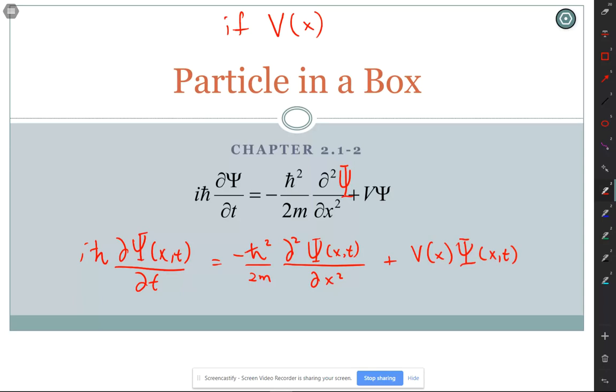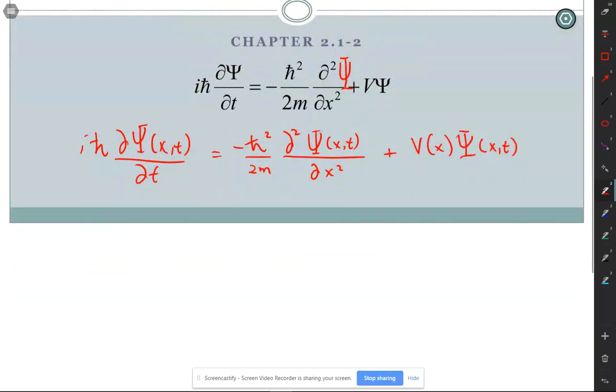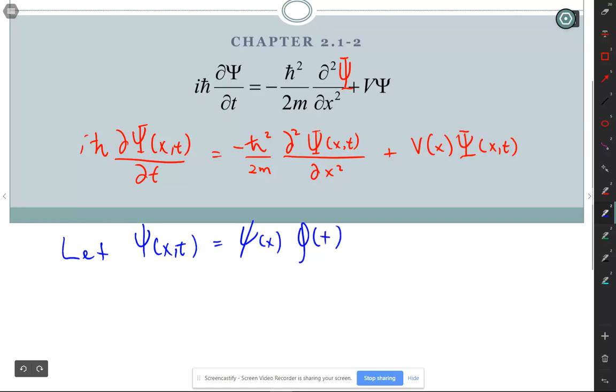So what we can do is let psi of x comma t equal psi of x times phi of t. So I said it's going to be the product of two functions. One function that's only a function of position and one function that's only a function of time. So that you multiply the two together and you have a function of x and t.